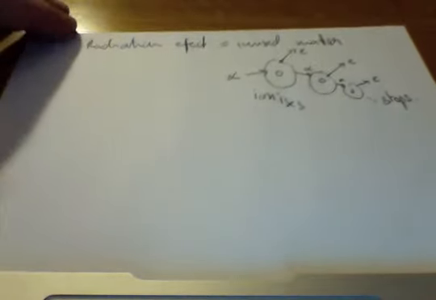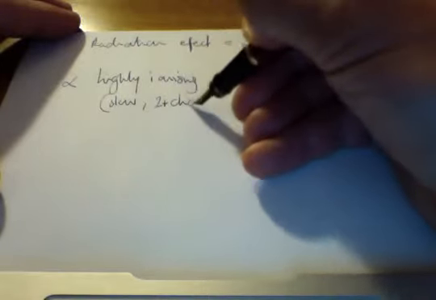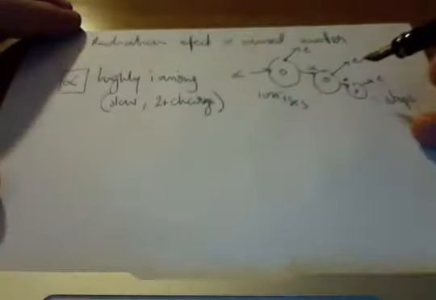Now, what you need to know about alpha is it's highly ionizing. In large part because it's quite slow, so it stays around this area, so it's more likely to kick off electrons. And also it's 2+ charges. So therefore it's very charged, so it's likely to do something to other charged particles. What about beta?